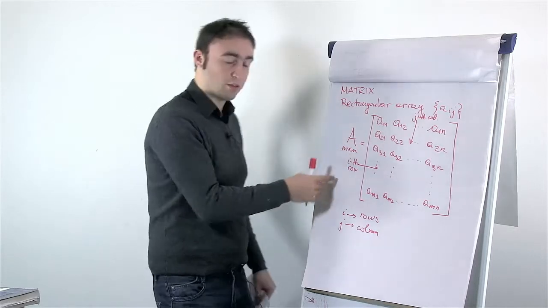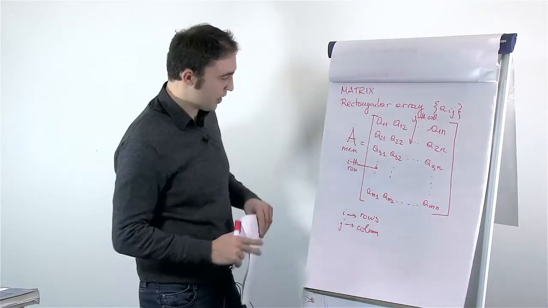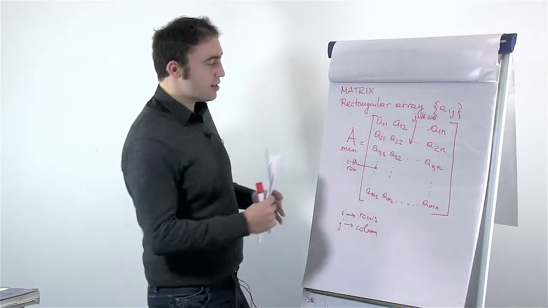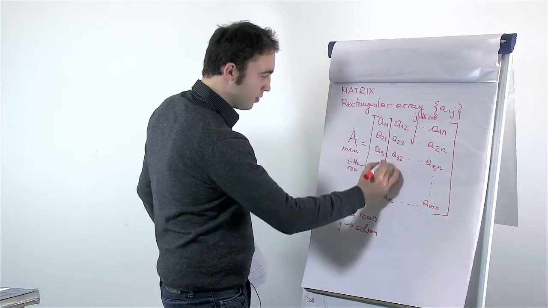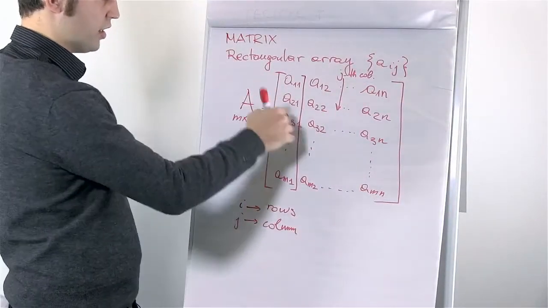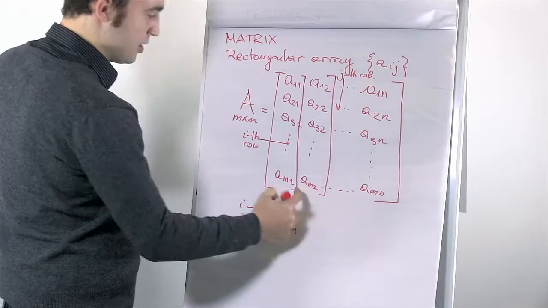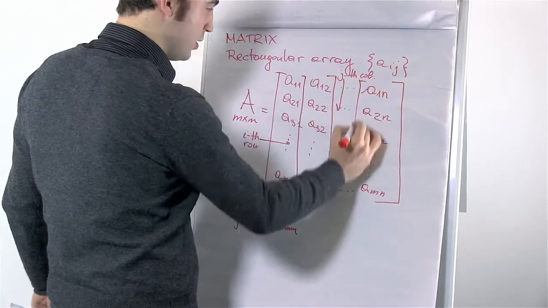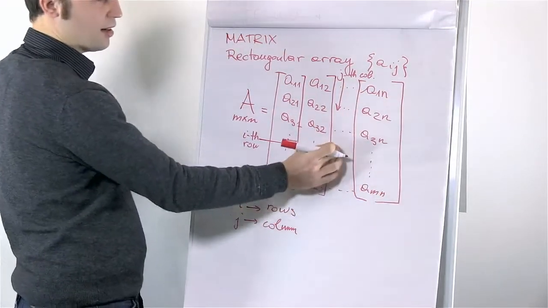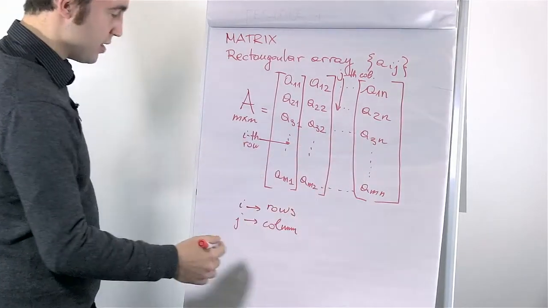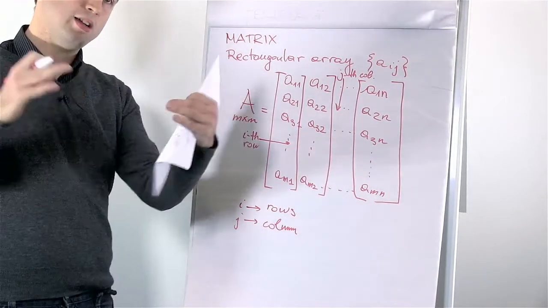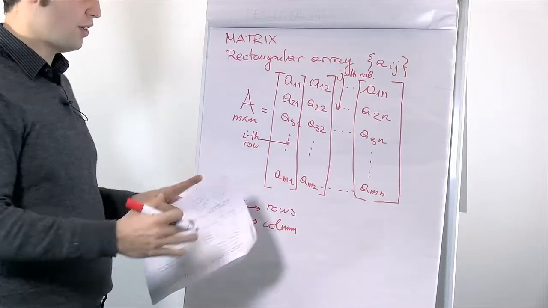This matrix we can see in this manner: this is a vector, this is another vector, this is another vector, and inside there are many vectors. So a matrix is like a composition of vectors.